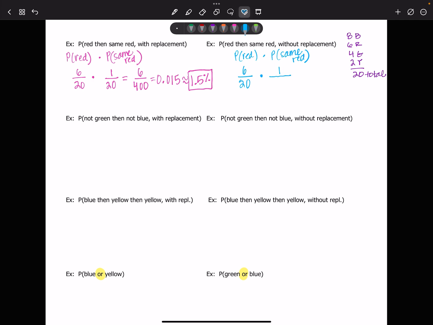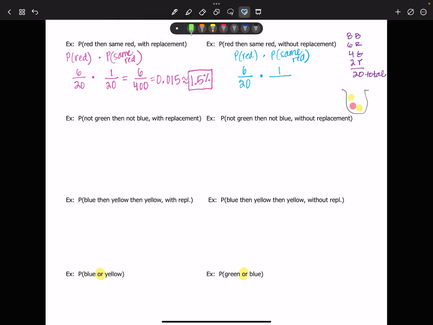Now, how could we do that? If we took it out and we don't put it back in, is it possible for us to choose it if I don't replace it? So I take the marble out. I'm going to draw you a little picture here. Okay, here's the red marble right there. And I take that marble out. We'll put a few more marbles in there just so it looks colorful.